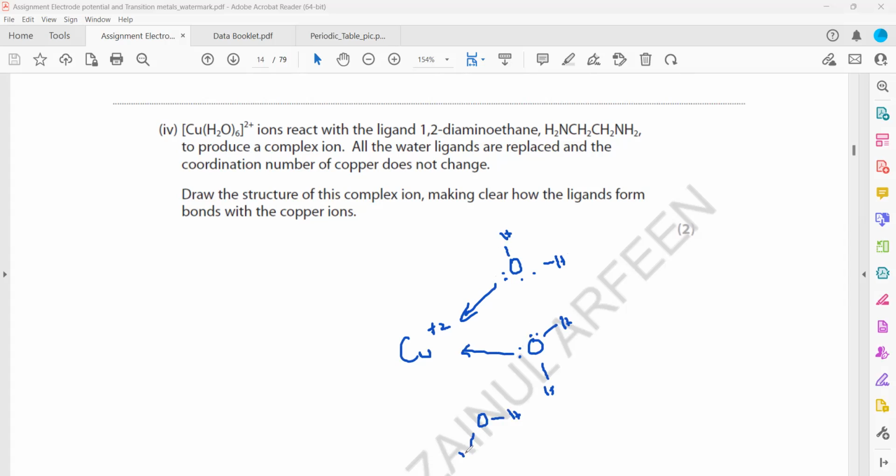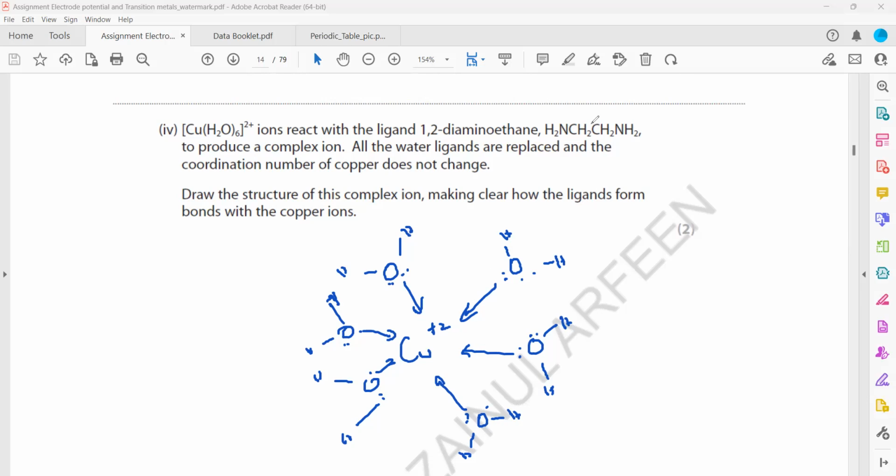We don't have to draw this one, I'm just explaining the idea that first it was octahedral. It will remain octahedral, but because water is a monodentate ligand, only one side can form a dative bond.